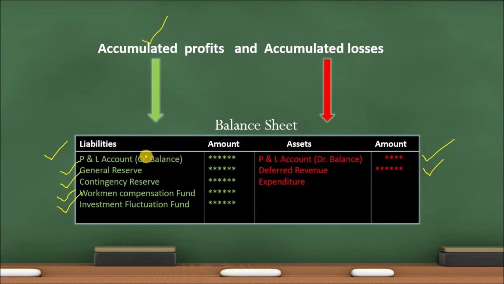Students, you need to know the difference between P&L account credit balance and P&L account debit balance. If it is P&L account debit balance, please remember that it is an accumulated loss. But if you talk of P&L account credit balance, it is taken as accumulated profit. So I hope this is clear to all of you.